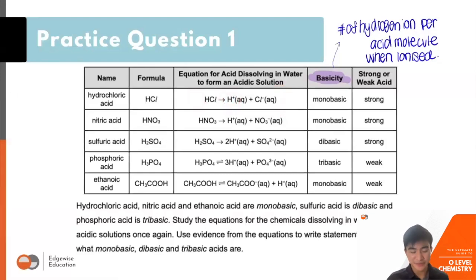Let's read this question first. I give you a minute to read the question. Then later we are going to discuss this. Monobasic, dibasic, and tribasic. I highlight the one that is more important for you. Nitric and ethanoic, they are all monobasic. Sulfuric is dibasic. Phosphoric is tribasic.